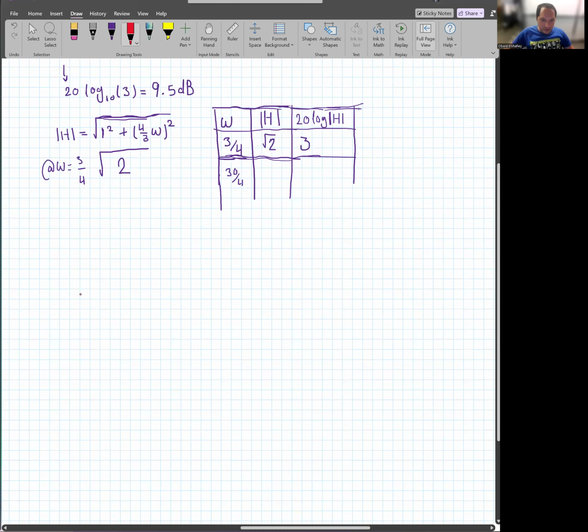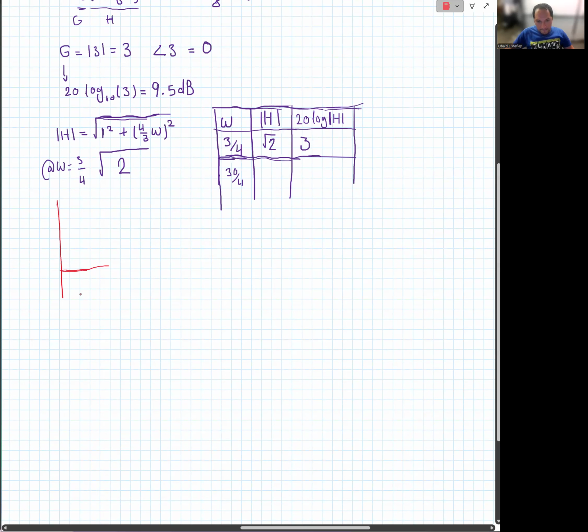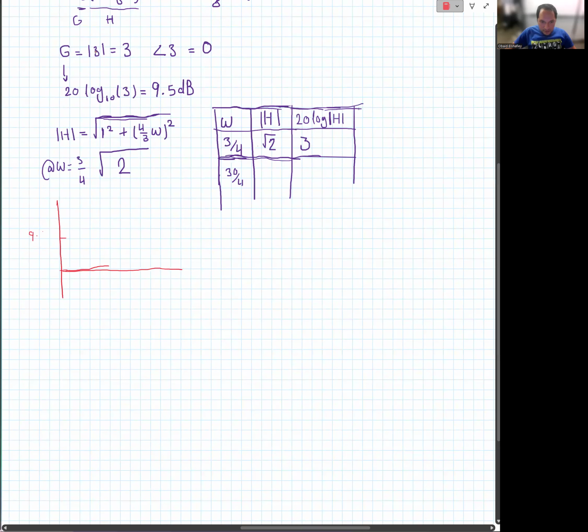Let's plot it. So let's plot the magnitude plot. Our first plot is that of G, which is 3, which equals 9.5 dB, and it remains 9.5 dB.